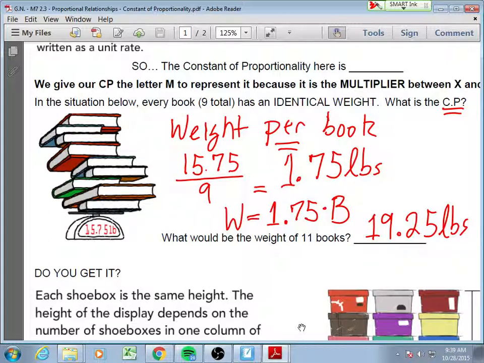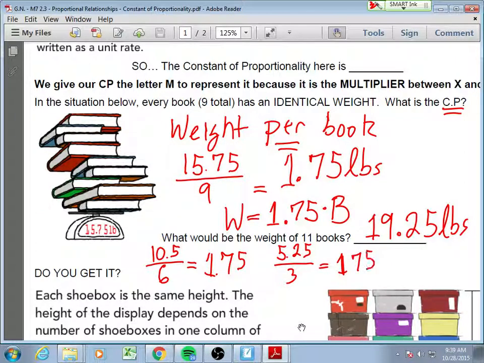Isaiah? Wasn't the 6 books like 10.5? So if we took 10.5 and divided it by 6, we would get 1.75. What about 5.25 divided by 3? If we took the 5.25, the first weight that we had for 3 books, we'll get 1.75.